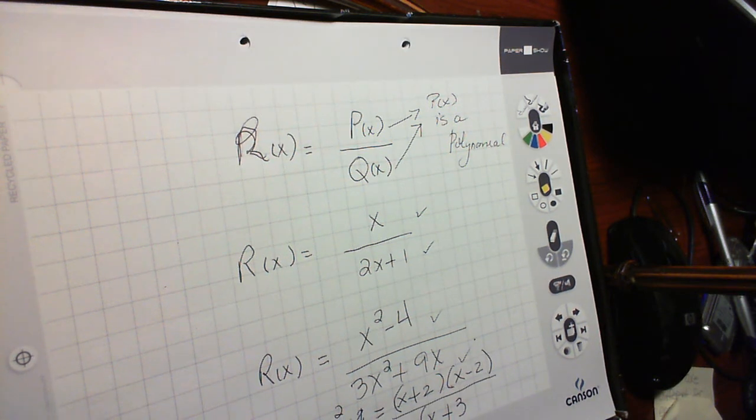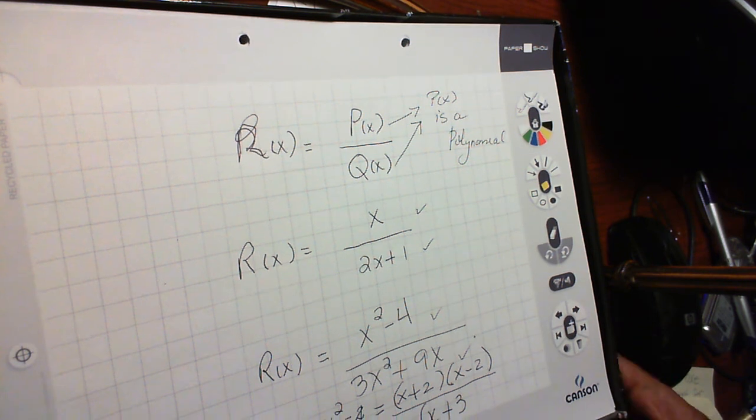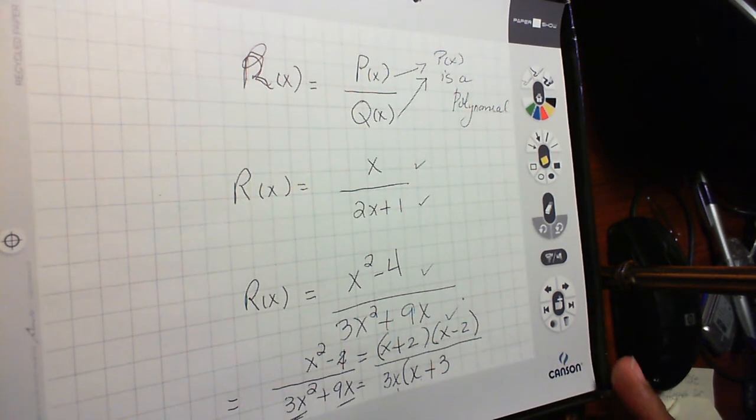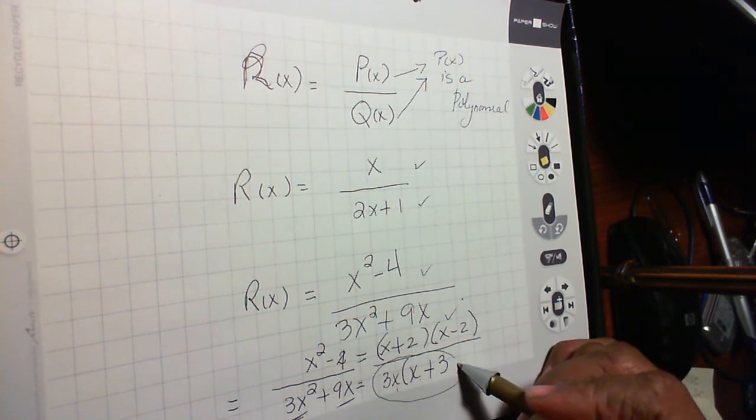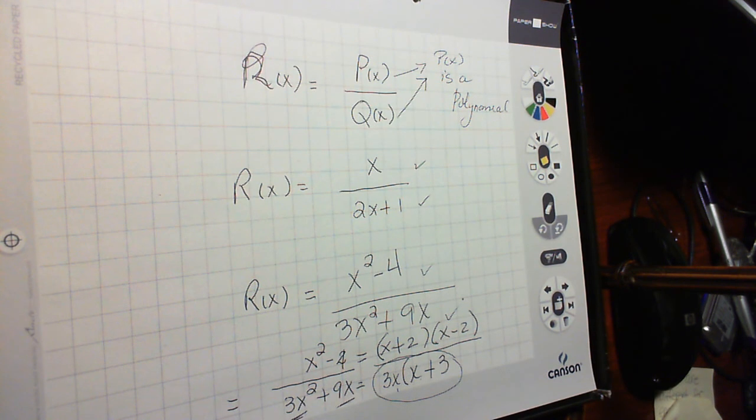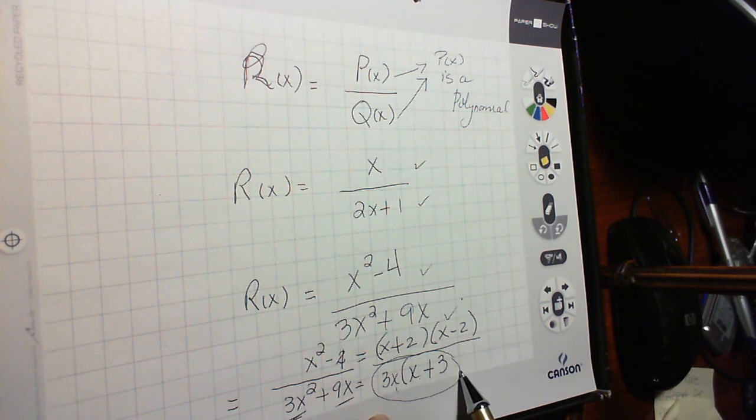Now, if we need to find the domain here, we have to look at what will cause the denominator to be equal to 0. Remember, if 3x is 0, the whole thing at the bottom is 0.